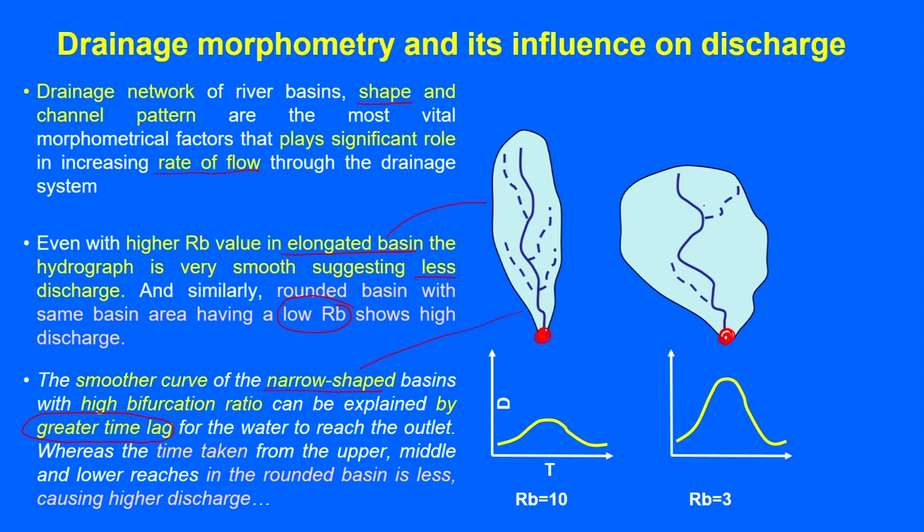So even though the basin area is same, the discharge varies because of its shape. So the important point here is that you need to consider the shape of the basin also.